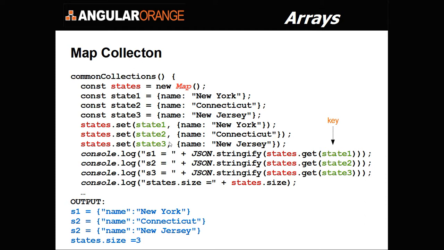So we set state 1 equal to an object, state 2 equal to object, state 3 equal to object, and then we use these references as keys to our objects in a map. So we use the set method to set the key values. Then when you go to get those values by key, you could actually log them, and you could look at the size of the map.